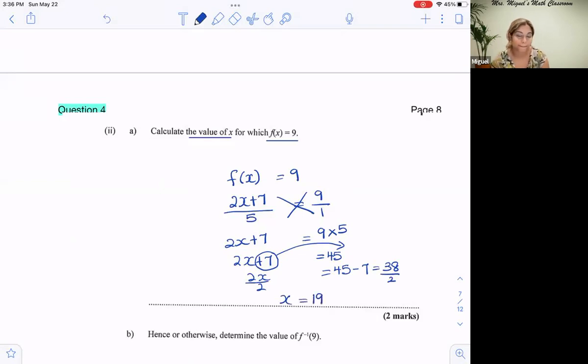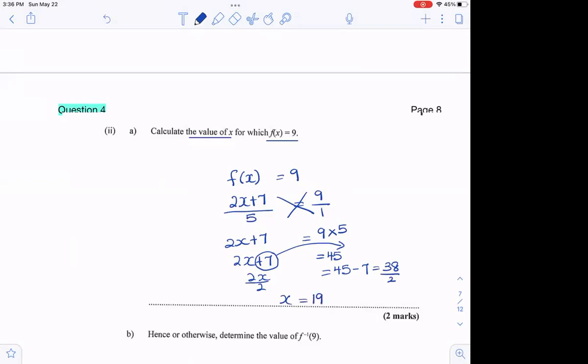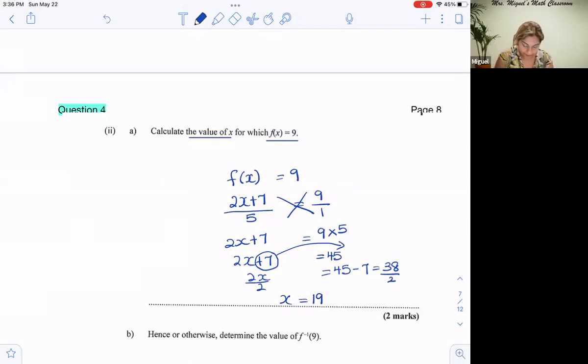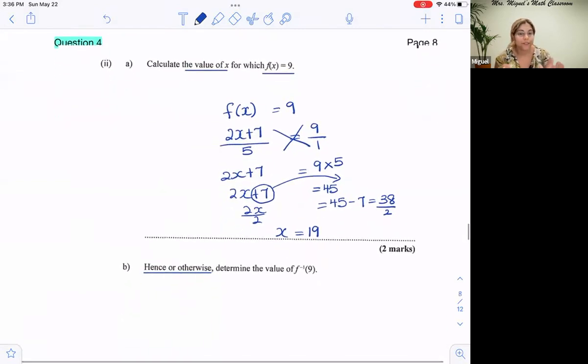Did you all get that? Yes, miss. Very good. The next part, they say hence or otherwise determine the value of f inverse of 9. So we know the inverse is the opposite operation.